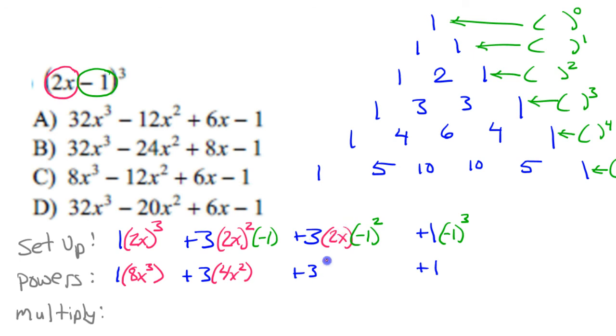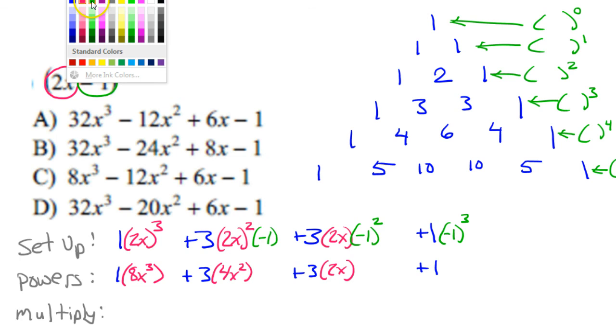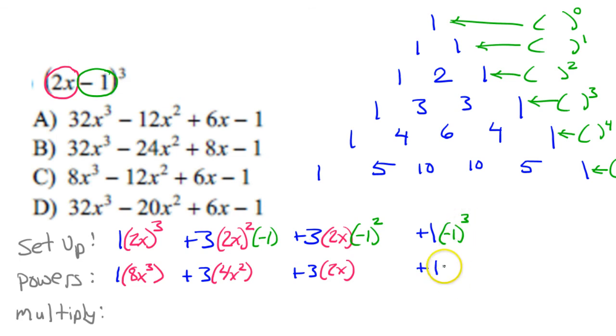This one doesn't have any power, so I'm just going to bring it down. Now I'll go back and do the greens. -1 to the third power is just -1. -1 squared is +1. And then this -1 doesn't have a power, so I'll just copy it down. So that's what you should get once you do all of the powers.